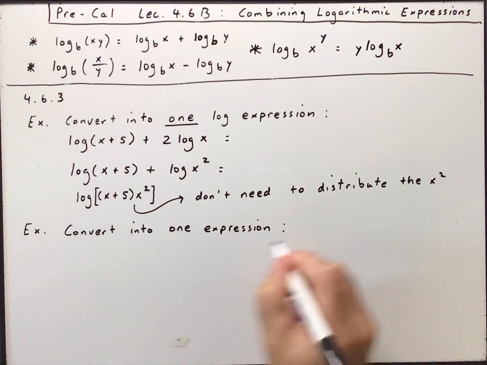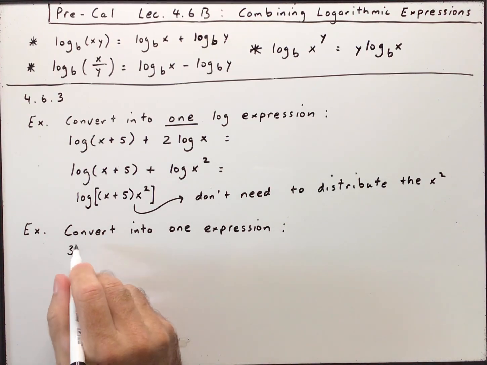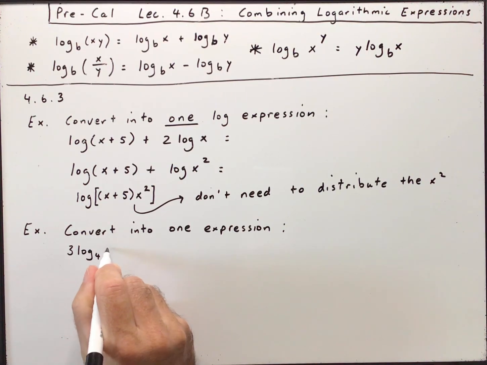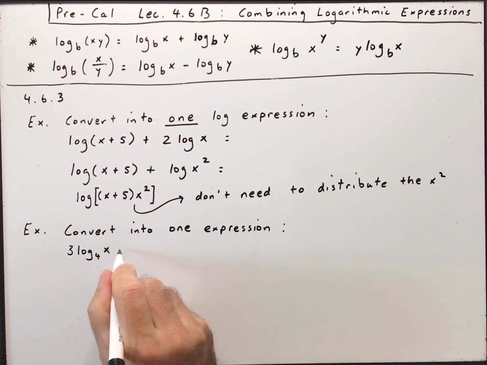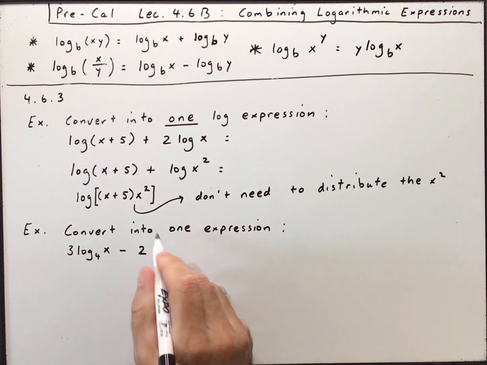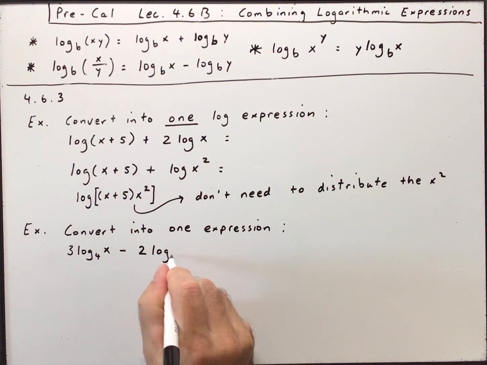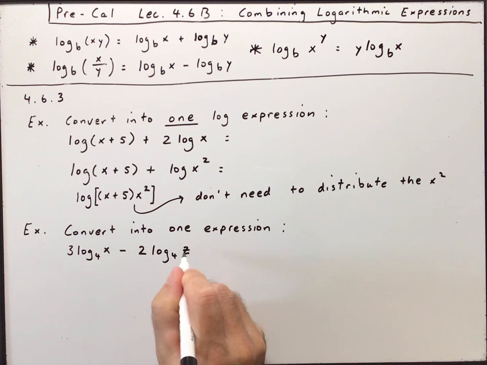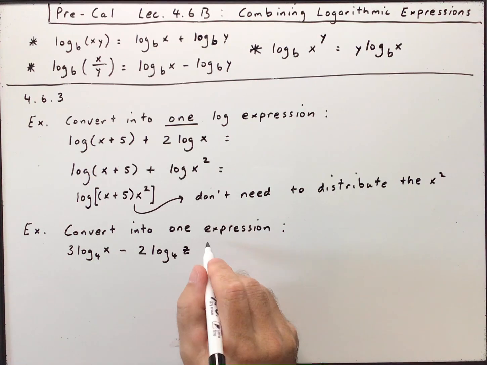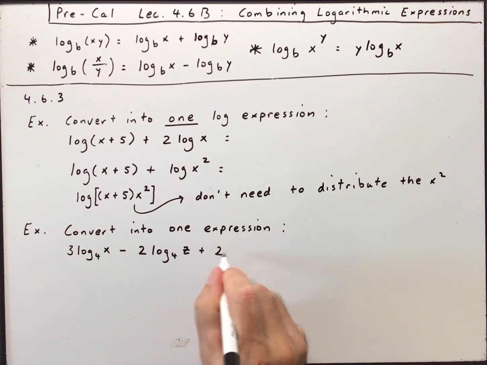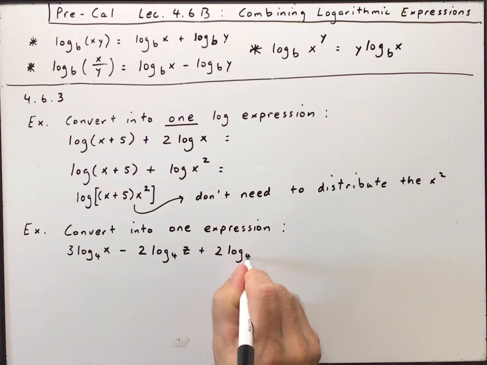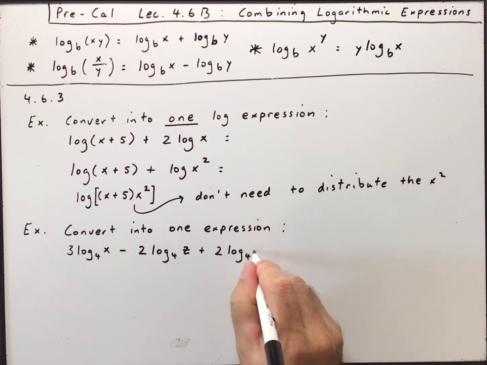We've got 3 log base 4 of x minus 2 log base 4 of z plus 2 log base 4 of w.